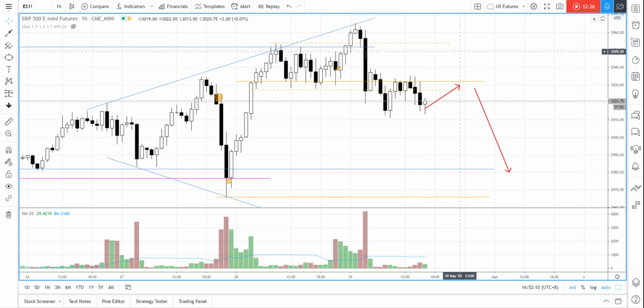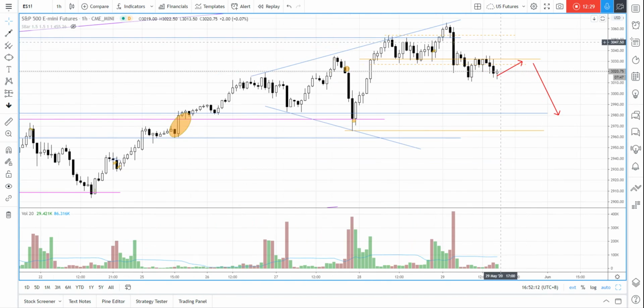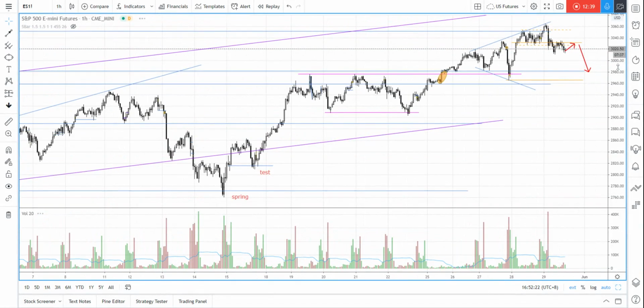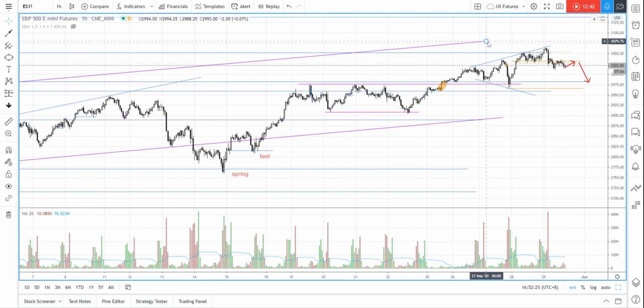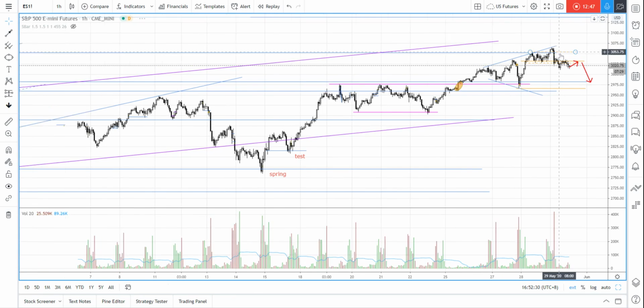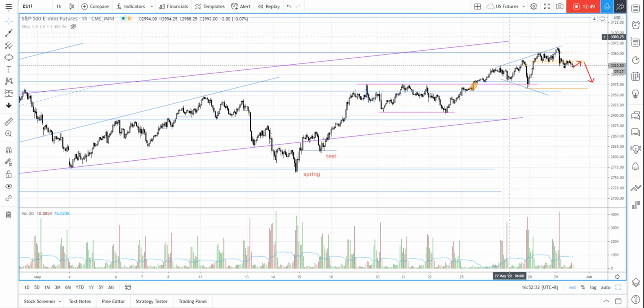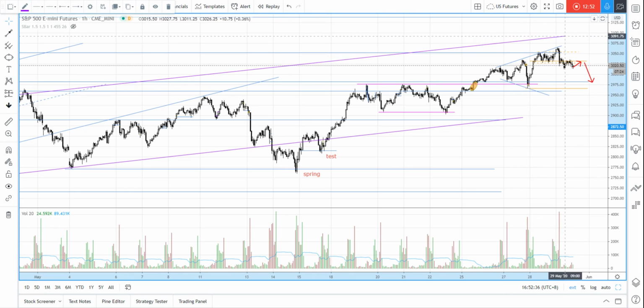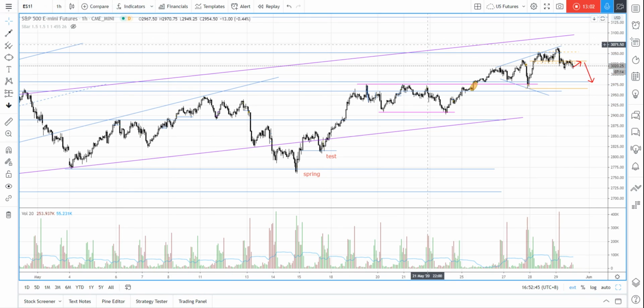The resistance level that I'm watching is definitely the immediate resistance 3030, followed by maybe the swing high here 3065, and once it's broken out, then definitely we can consider around 3080 or even 3130. This is given by this overbought channel here. If it just moves up, then we're likely to see this kind of overbought situation.